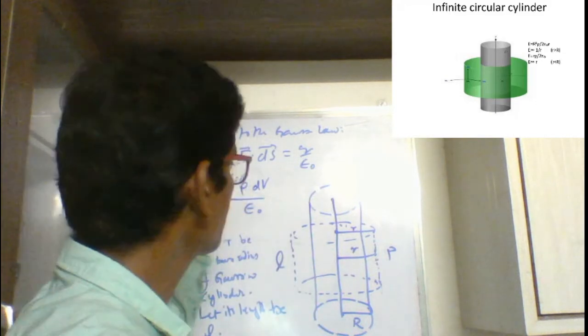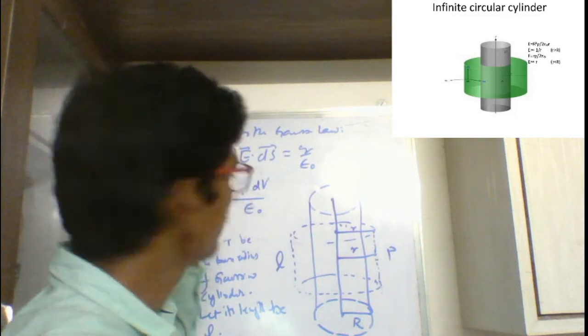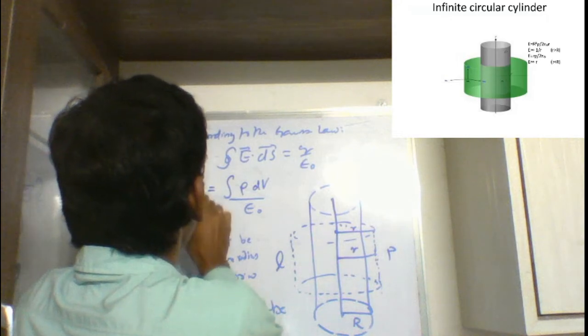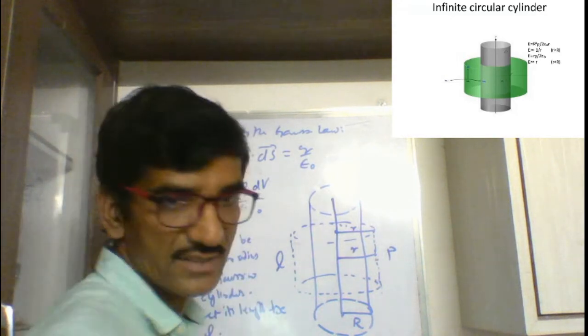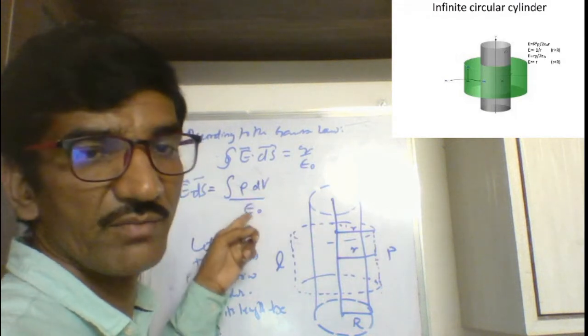Your LHS is integral E dS. So integral E dS is equal to integral rho dV by epsilon naught.